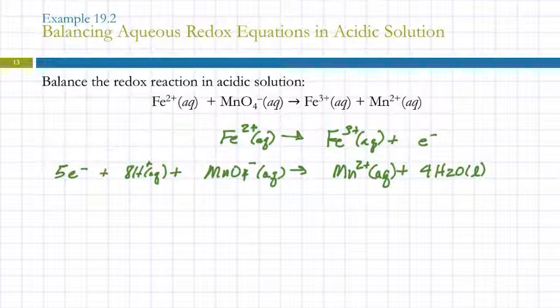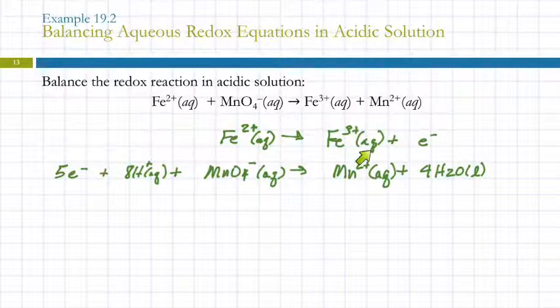The individual steps aren't really very difficult, but you have to put them all together successfully, and that can be a little challenging sometimes. So we want to be able to add these 2 equations together so that the electrons go away. Because our balanced redox reaction doesn't show any electrons, because the electrons are transferred directly from the one thing to the other. So we've got 5 electrons in the denominator and only 1 electron in the numerator.